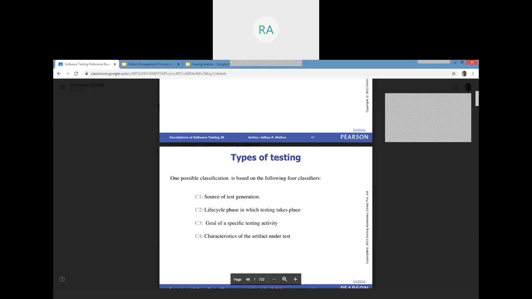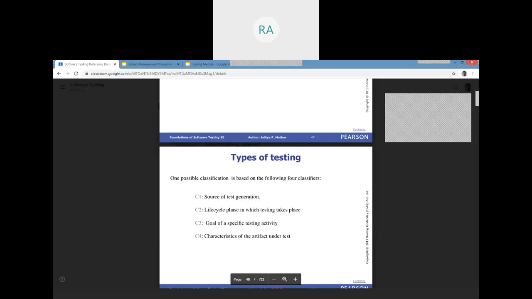Category number two is the life cycle phase, that is the software development life cycle phase in which I am going to carry out the testing process. The third one is the goal of testing activity: what is exactly the objective of the testing process? And the last classification is the characteristics of the artifact and the test.